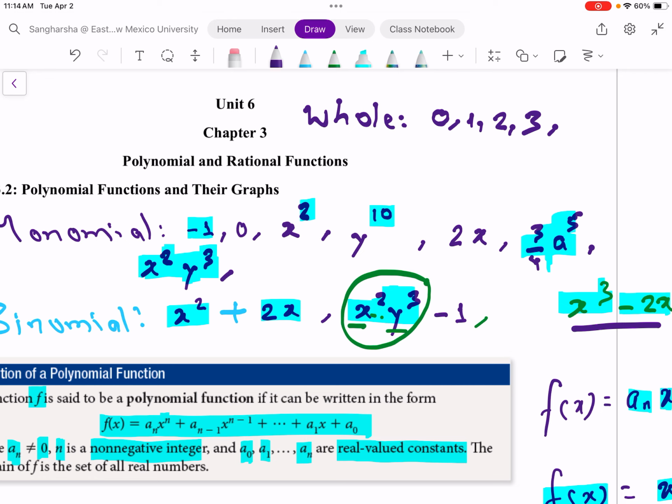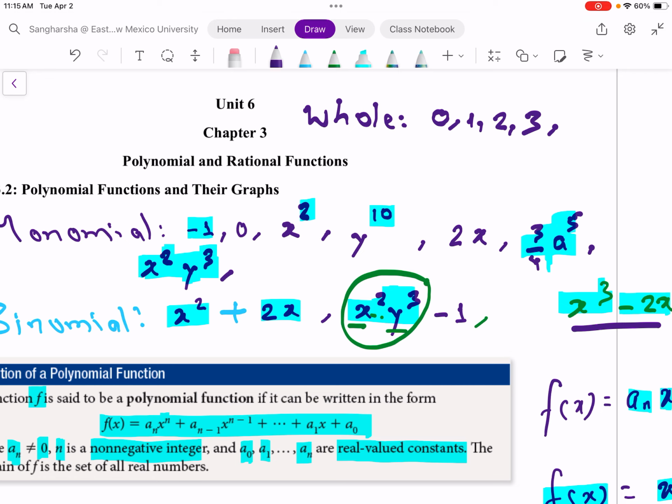Now let's take -1. In -1, do we have any variable? Degree always means the sum of the exponents of the variables, not the number. So we look for the variable and its exponent. Now -1 is a constant, right?